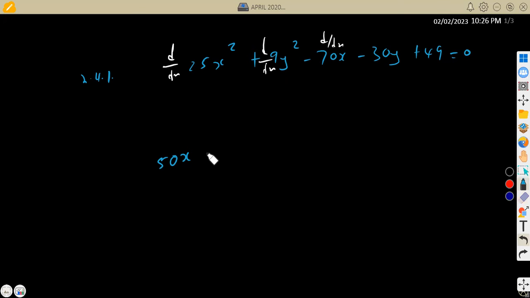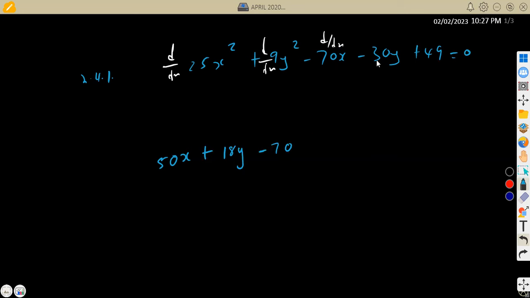So it's 9 times 2, which is 18. You multiply this, then you subtract 1, so it's going to be y like that. Minus 70x. What is the derivative of negative 70x? That is going to be negative 70. Already we've got x there.